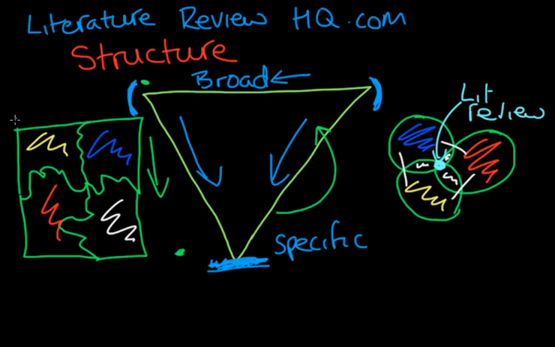So you don't start off with a very, very broad area and work down to a narrow area. Instead, you think that all these different individual areas have a roughly equal weighting when it comes to explaining what you want to talk about in your literature review.